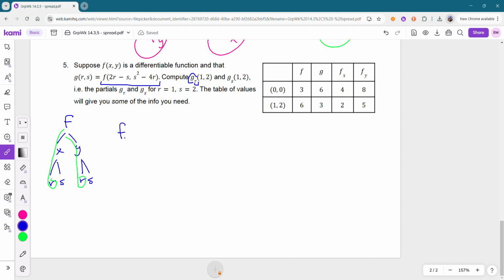So, f with respect to r is, on the first path, fx times xr, and the second path, fy times yr.